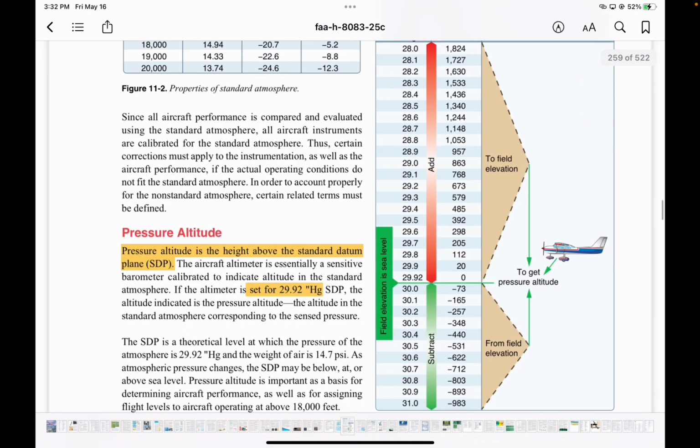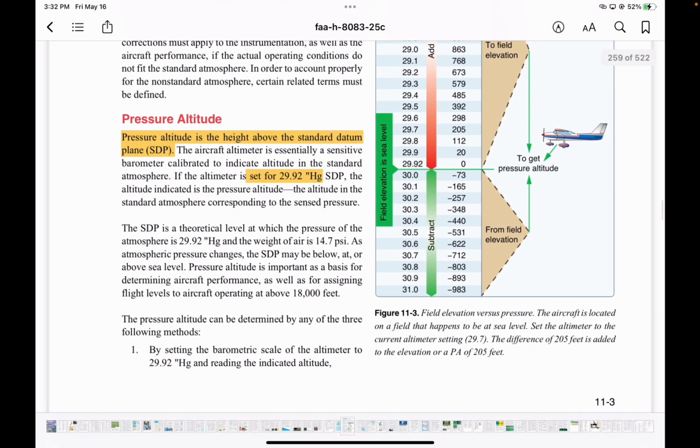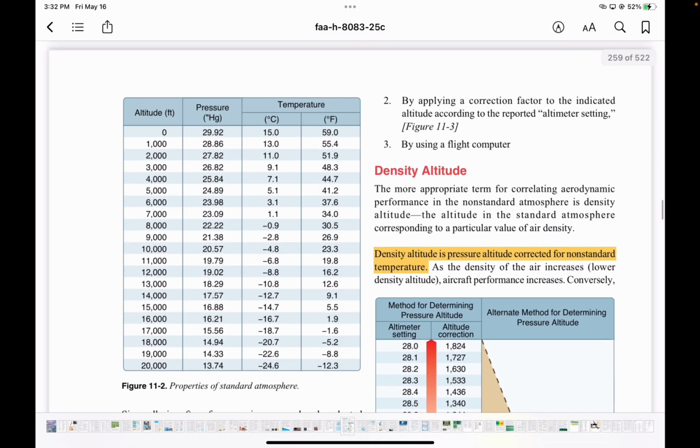So let's recap. Why do we care about pressure altitude? Because pressure altitude will give us our density altitude. Why do we care about density altitude? Because density altitude will tell us how our airplane will perform, how much runway we need to land and take off, how much the airplane will climb.